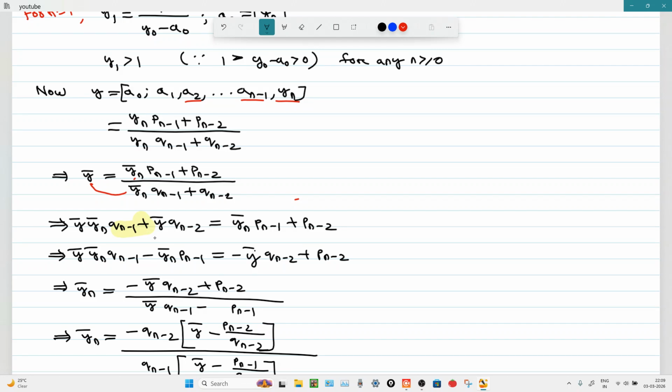Then yn qn equals yn q(n minus 1) plus p(n minus 2).